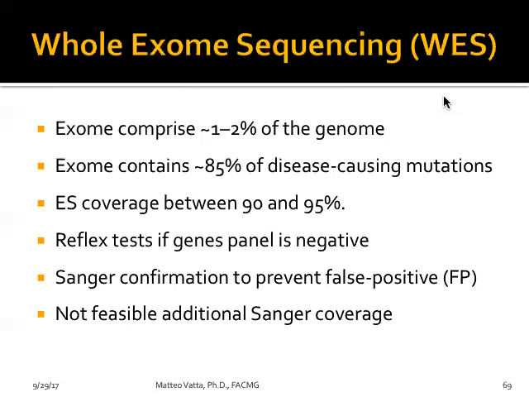The problem is that not always everything is in just the sequence. But I think it's going to be cheaper. Probably by the end of this year, genome sequencing is going to be much cheaper than most of the panels.